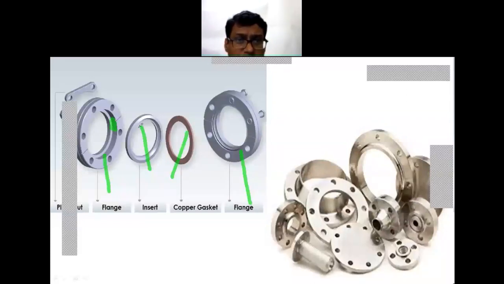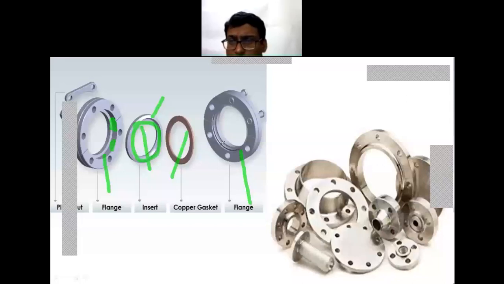So this insert is used to fill this gap, though very few flanges have such inserts. So these are again the different types of flanges, which we will discuss in detail.